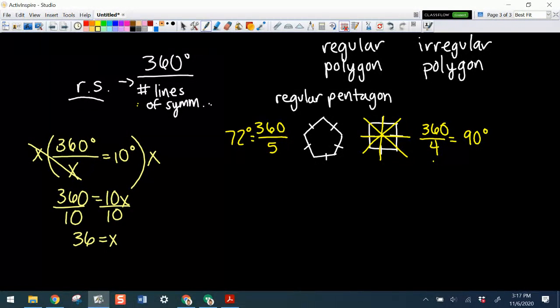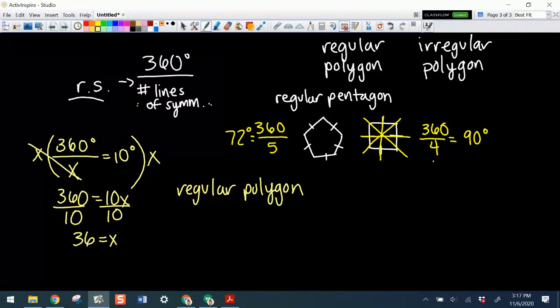So what are we finding here when we find x equals 36? Well, we're saying that a figure, a regular polygon, needs to have 36 lines of symmetry.